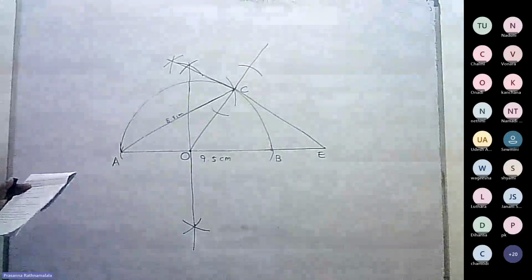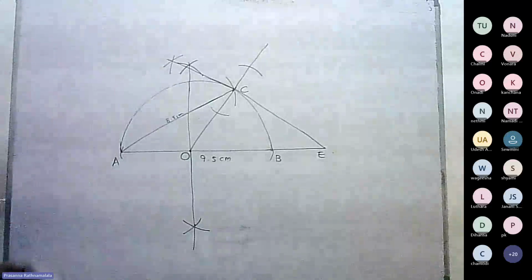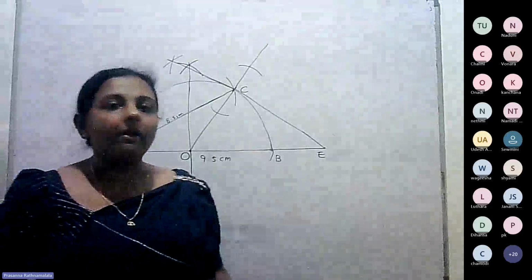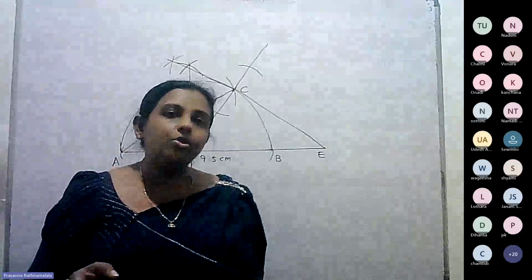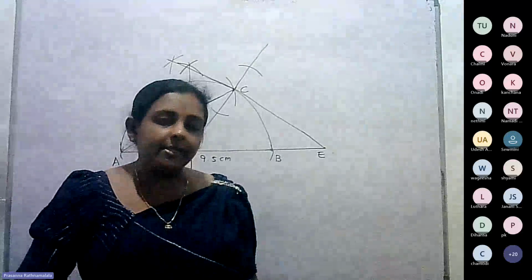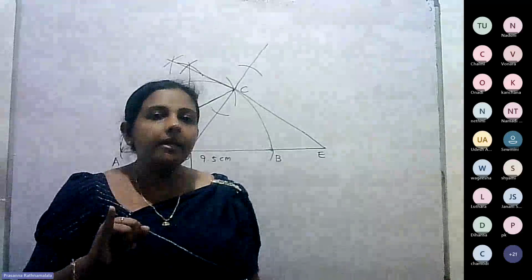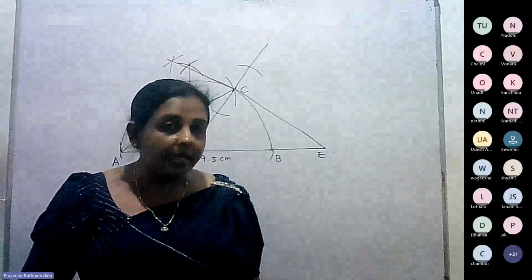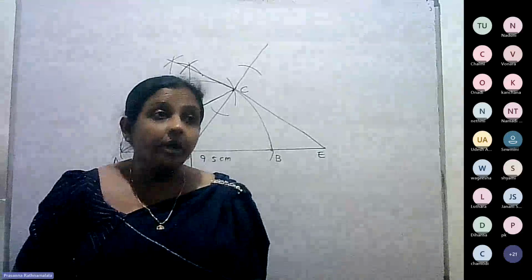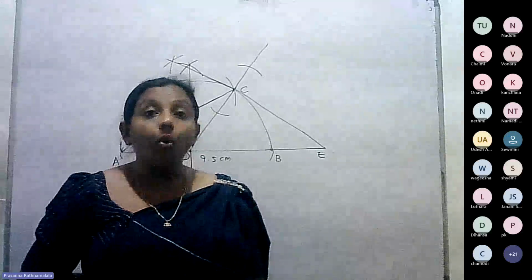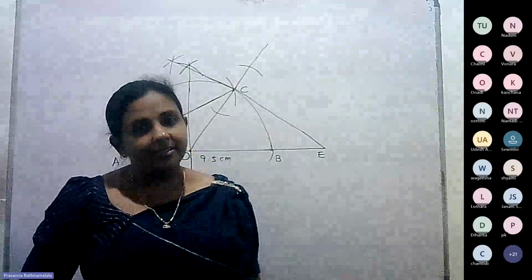Next, construct a parallel line to AB through C. First you construct a parallel line. You can draw these parallel lines using three methods: first, using the characteristics of the parallelogram; the other, using the alternate angles; and using the corresponding angles.